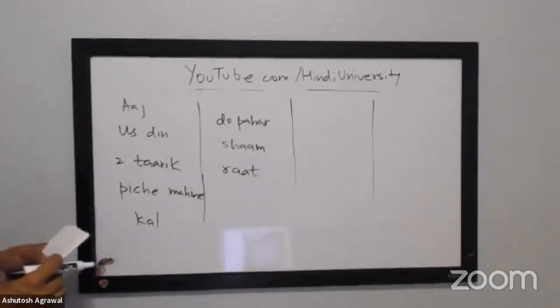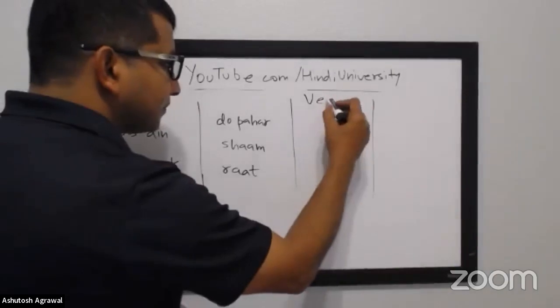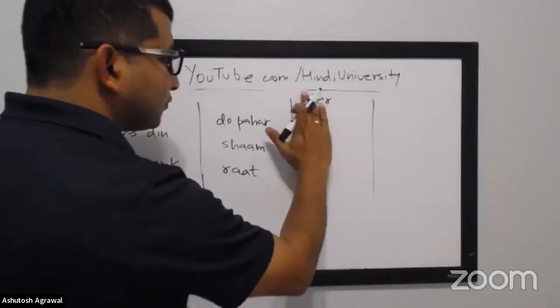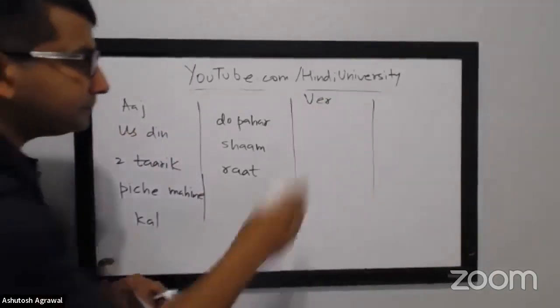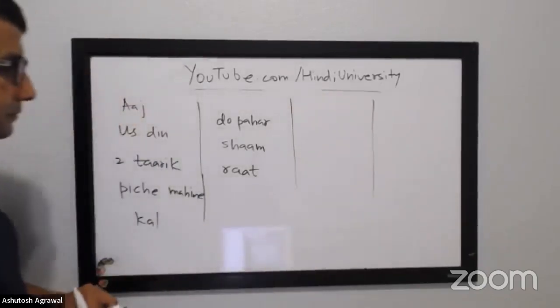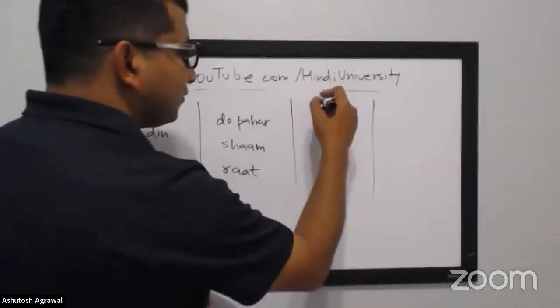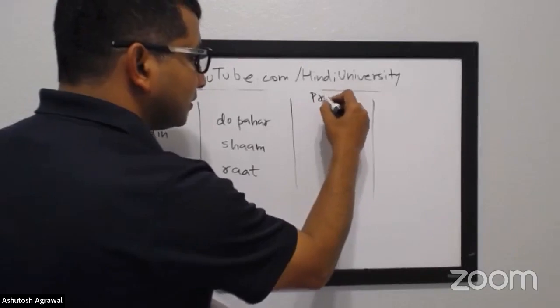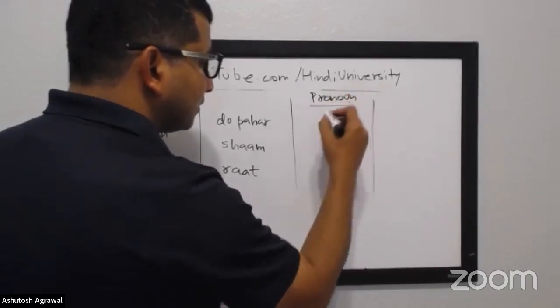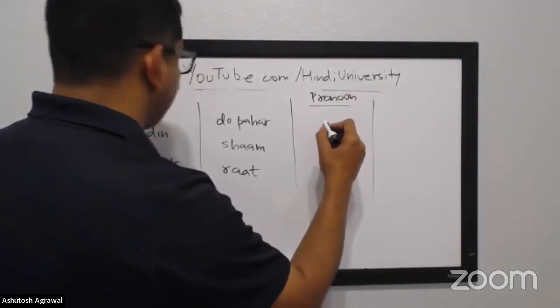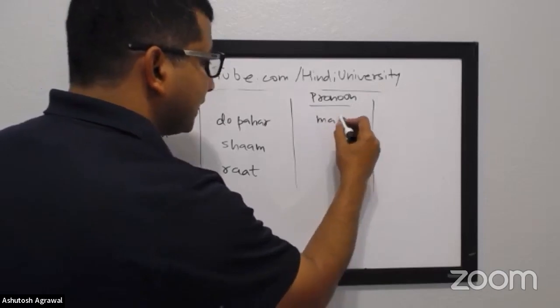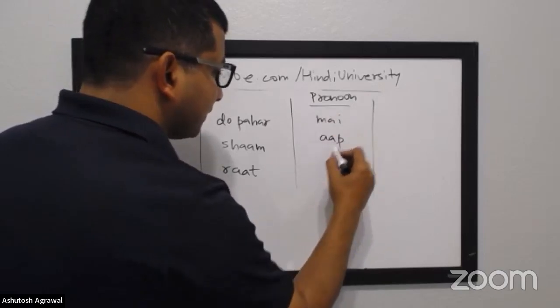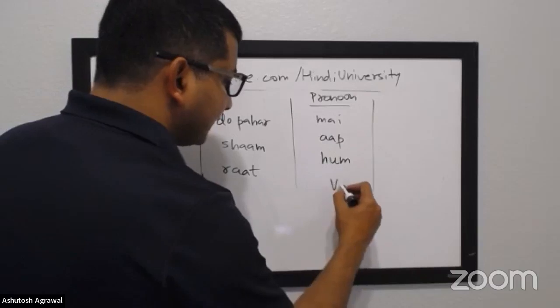Okay, and then you have a bunch of verbs. So the verbs I'll put later on. So here you still have pronouns. You can say मैं, आप, हम, वे.